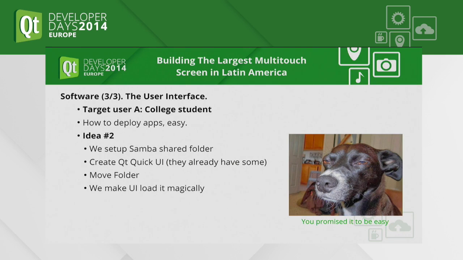So they can create a Qt UI. I teach them how to create them. That's the goal of my courses. And then they magically just move the folder to this shared folder in the multi-touch screen, and it works. For this to work, the Samba shared folder is the easy part, but we needed to create some infrastructure behind it.